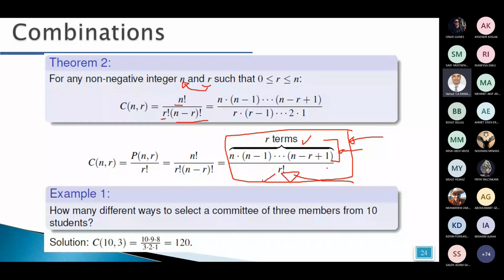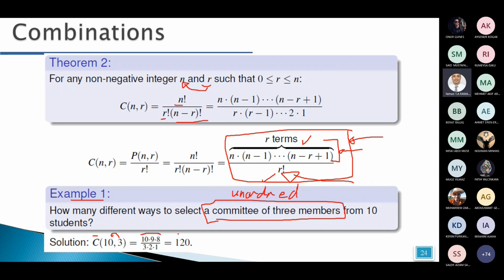So now let's apply the rule for the first example. How many different ways to select a committee of 3 members, unordered, from 10 students? So it's combination for 3 out of 10.